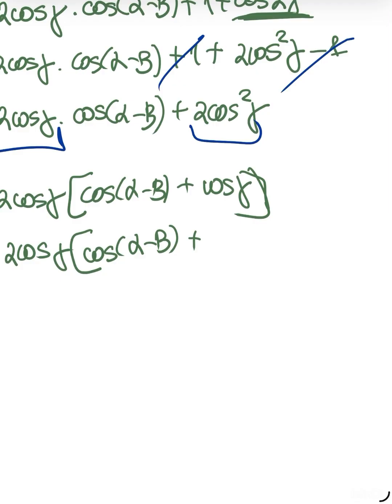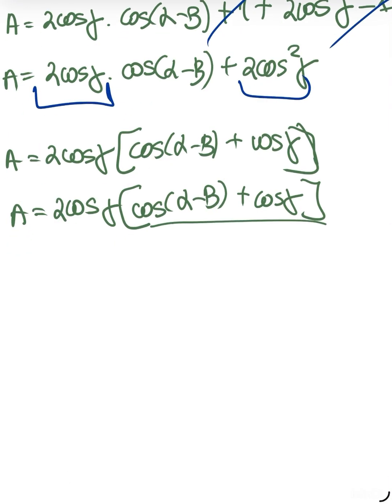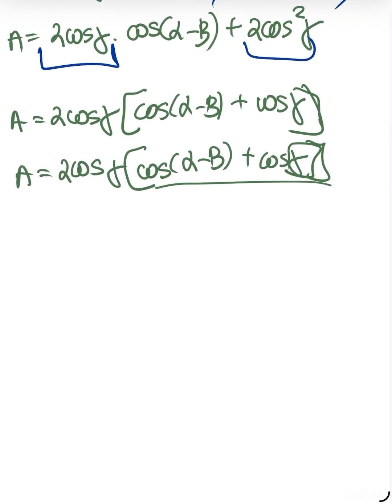So cosine alpha minus beta plus cosine gamma, and now we directly apply the formula without converting cosine gamma into 180 minus alpha plus beta, because we don't have, for example, parameter 2 to subtract and obtain a sinus value.